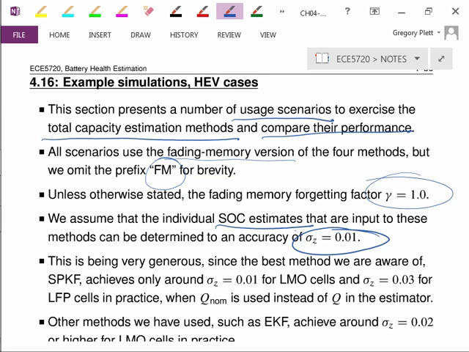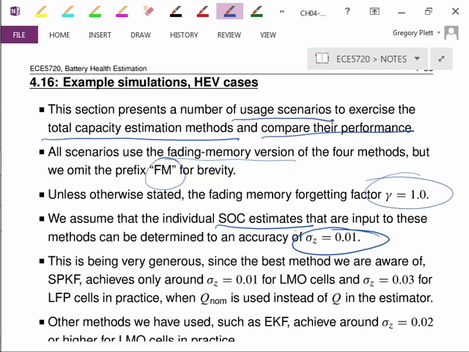You have to be a little bit careful. Does your estimator use Q or does it use QNOM? Here we're thinking of QNOM being used in the estimator. Otherwise you've got some kind of weird feedback loop where the sigma point Kalman filter depends on the capacity estimate and the capacity estimate depends on the sigma point Kalman filter.